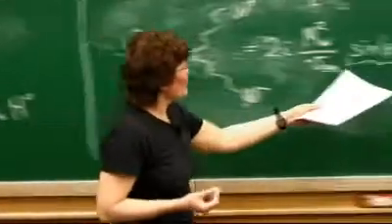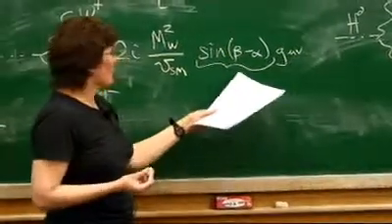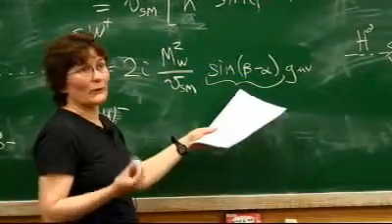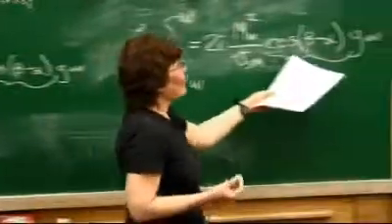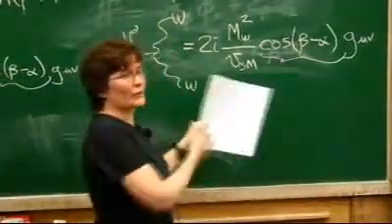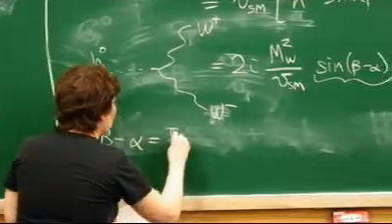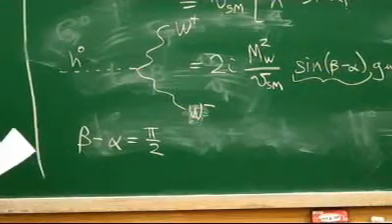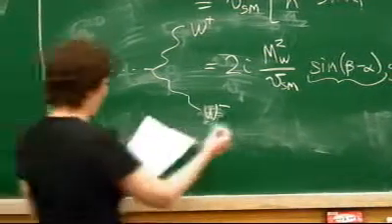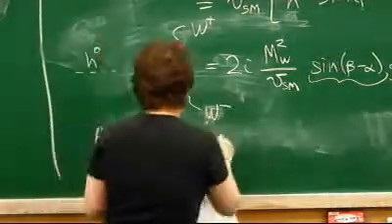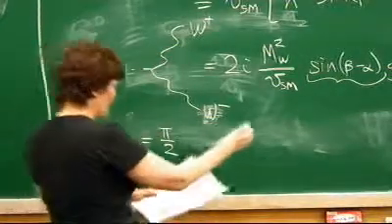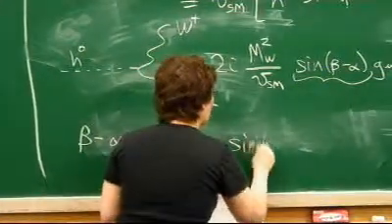That means you want to be close to the limit where sine beta minus alpha is equal to 1, and then cosine beta minus alpha is pretty small. That limit constitutes beta minus alpha equals pi over 2. So in this limit, sine beta minus alpha is 1.